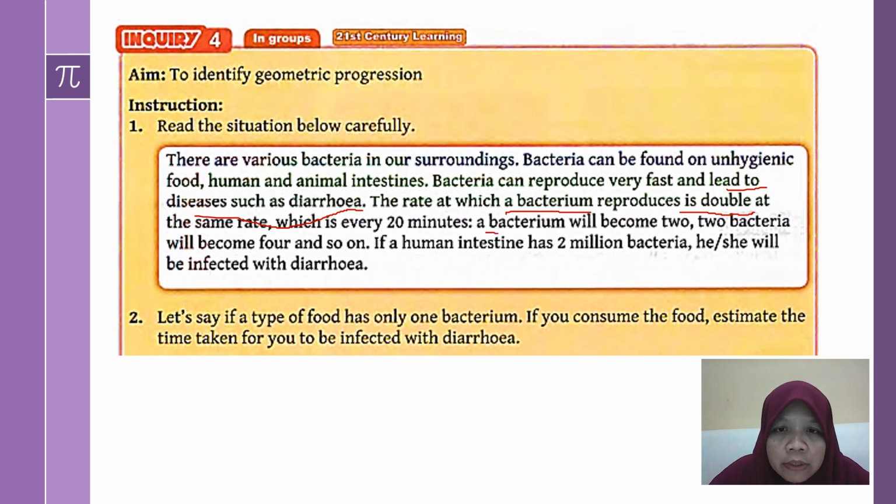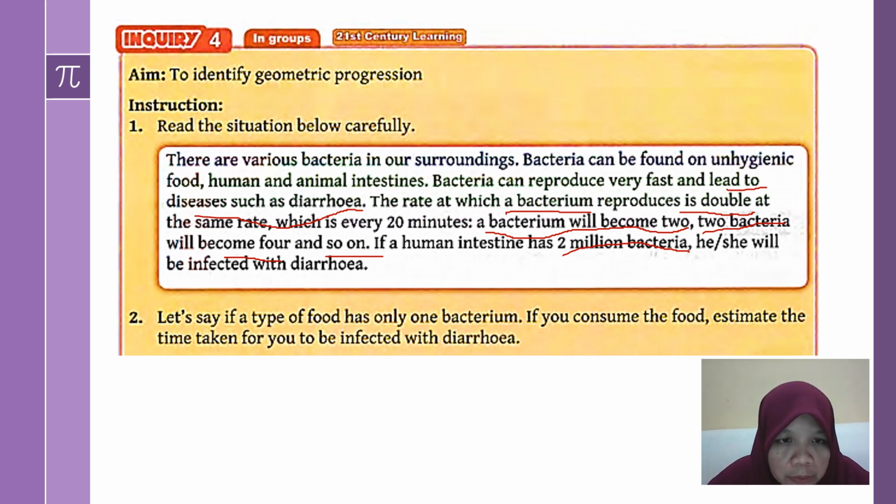A bacterium will become 2, then 2 bacteria will become 4, and so on. If a human intestine has 2 million bacteria, he or she will be infected with diarrhea.